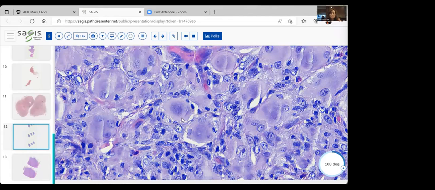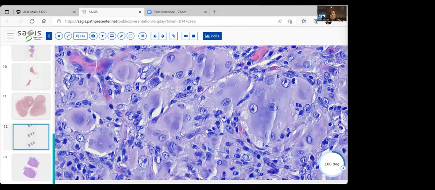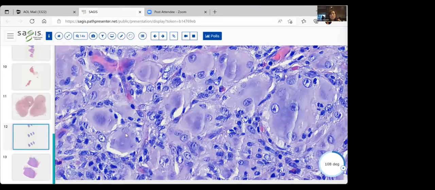Sometimes these will be a little bit more on the pinky side, and then you can call it like a dusty rose color, but I think maybe you can appreciate that like in some of these cells that could look dusty rose. Or some people also like to describe this grainy nature as a ground glass. So some people will say that the cytoplasm looks like ground glass. The cells can be singular, but when you get these big cells, they're typically multinucleated.